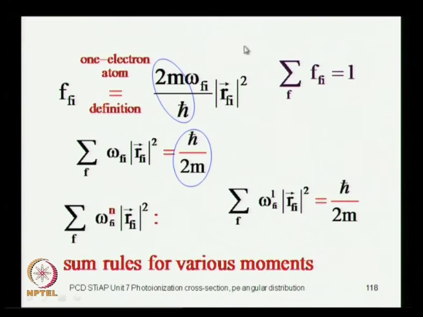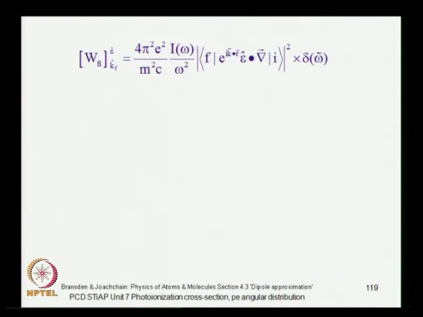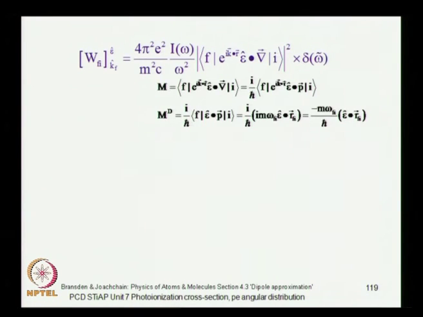So we have got only the first one, which is the Thomas-Reiche-Kuhn sum rule, but there are other sum rules for other moments. These are called moments of the frequency. So omega to the power 1 is what we have considered, but there are higher powers also that can be considered.